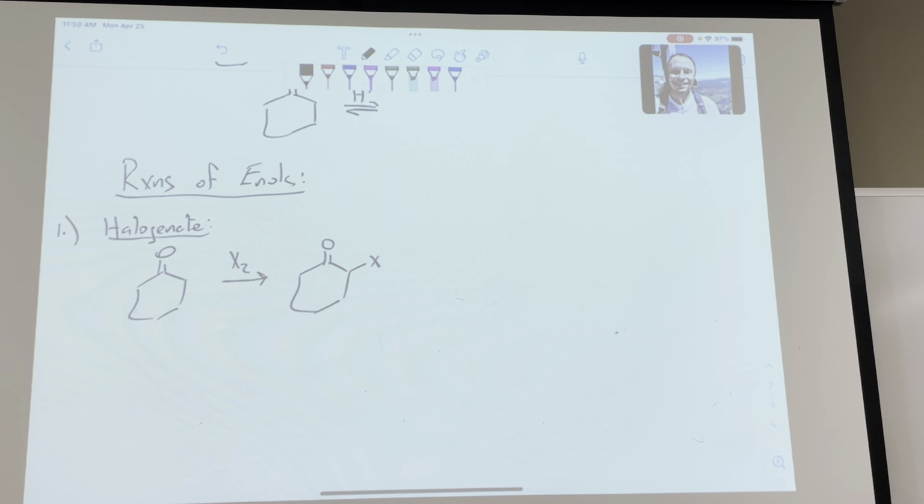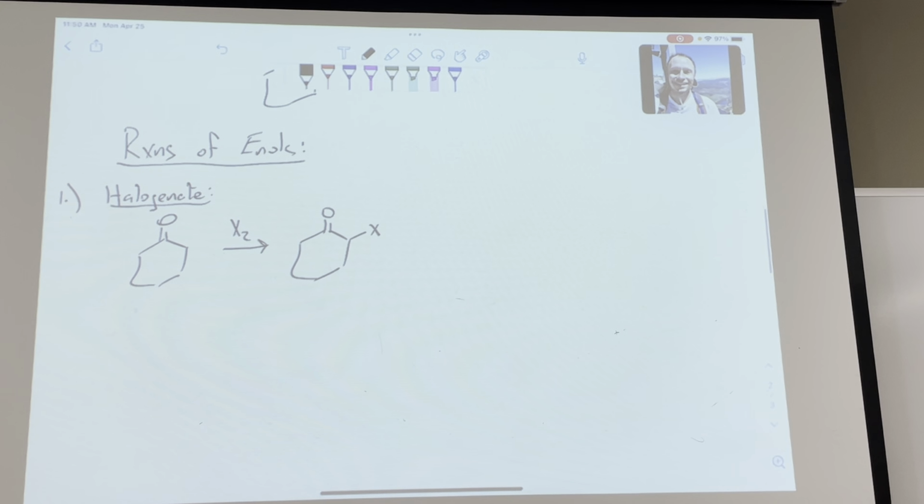Now, a couple things about this. In terms of what your halogen can be, it can be chlorine, bromine, or iodine. Like most reactions that we've seen involving halogens, we're not going to do it with fluorine. It's just too reactive and generally causes fires and explosions.